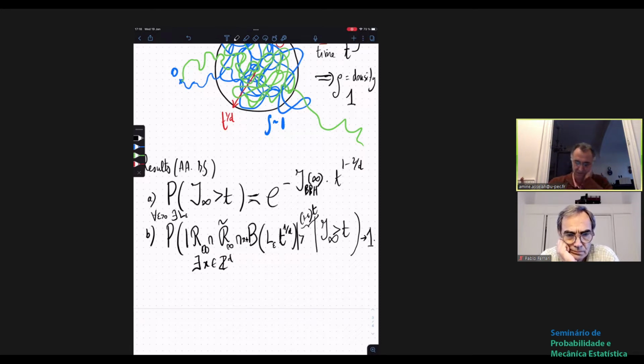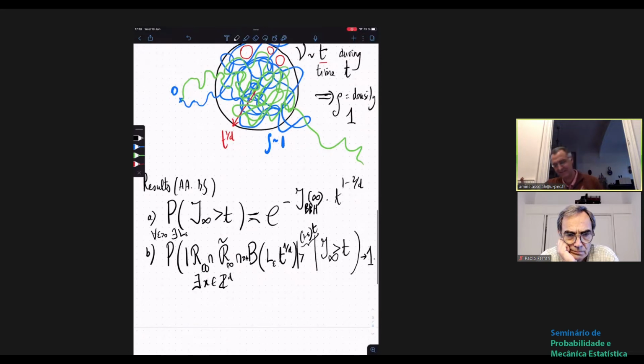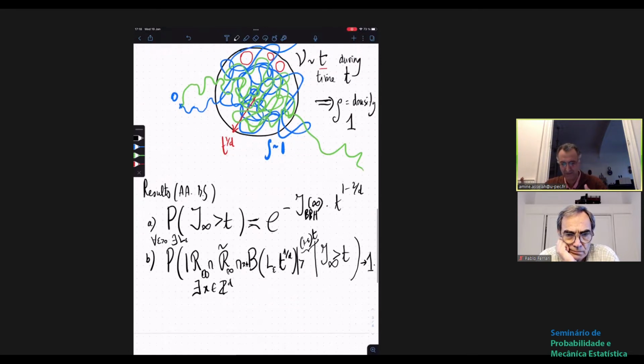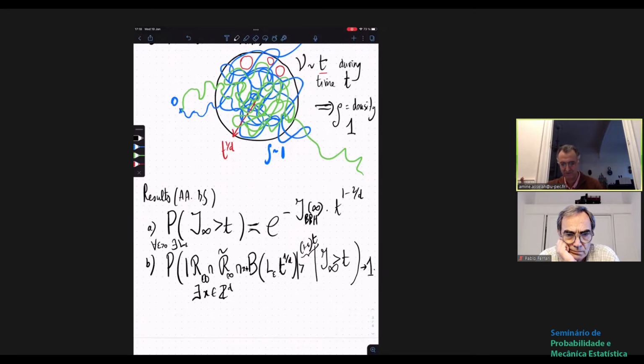Okay, so that's by no way closing the problem, in the sense that you have a very rough description of this Swiss cheese picture. And we hope, so it's just a first step.